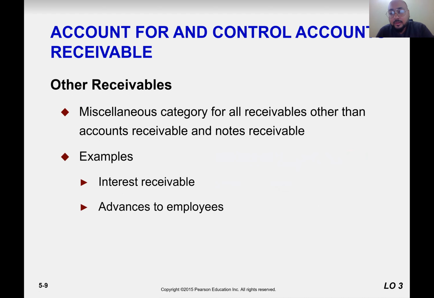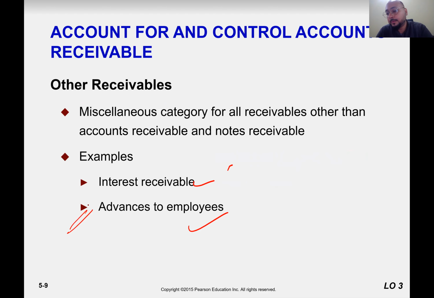So other kinds of receivables: interest receivables and advances to employees. Like if an employee is sick, or his child broke his arm, he needs surgery, he needs money, so you lend him money. That can also be treated as advances to employees.